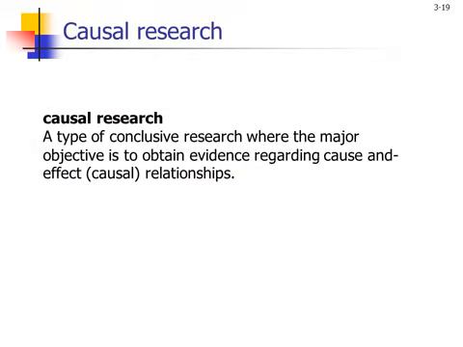Then we will discuss the next type of research, which is causal research. We will define causal research as a type of conclusive research where the major objective is to obtain evidence regarding cause and effect relationships.